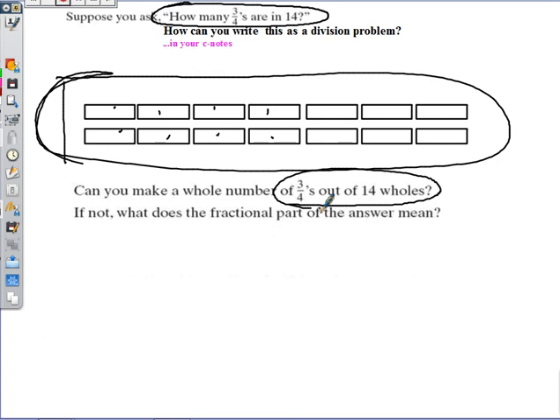We need to find out how many groups of 3/4 in 14. That's what you need to come to class with in your C notes, completed, ready to talk about, and we'll see if you're right. Thank you.